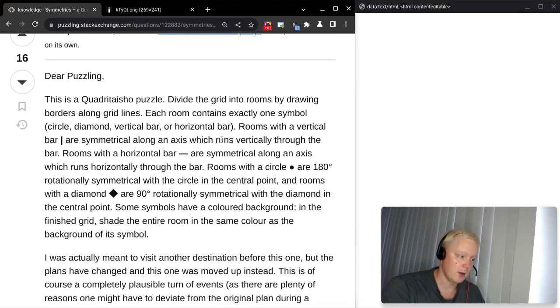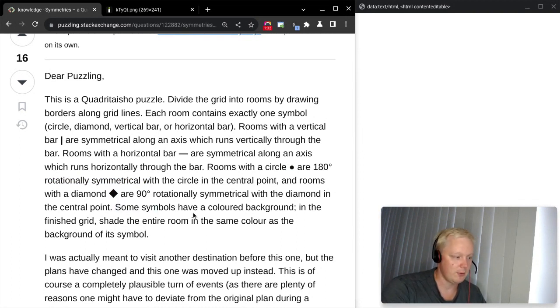Rooms with a horizontal bar are symmetrical along an axis which runs horizontally through the bar, and rooms with a circle are 180-degree rotationally symmetrical, with the circle in the central point, and rooms with a diamond are 90-degree rotationally symmetrical, with the diamond in the central point. Did I say horizontally there? Rotationally symmetrical. This dot and diamond are rotationally symmetrical, and I'll have examples of those in a bit.